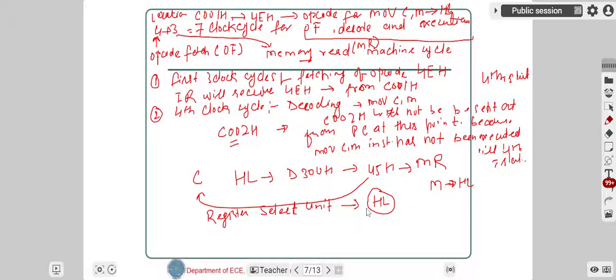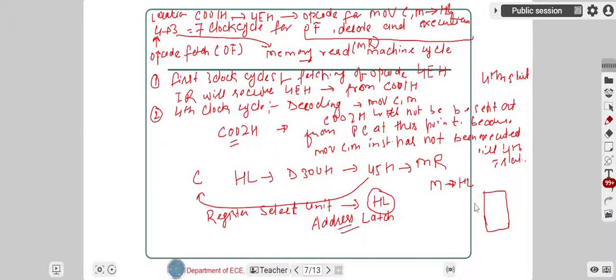And the contents of this HL register pair would be copied to the internal address latch. So the address latch, which we have already seen, would now have those contents copied from the HL register pair.